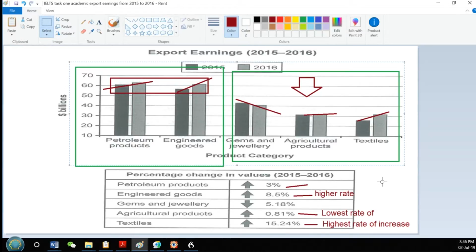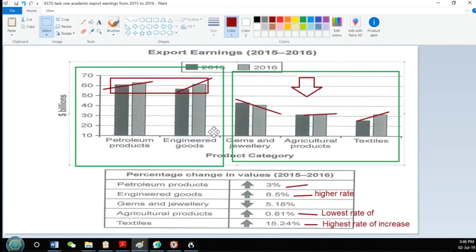So the body of the essay is focusing on the relative levels. So in this case, it's a good idea for the overall summary to be not so much focusing on the overall levels, but the changes.